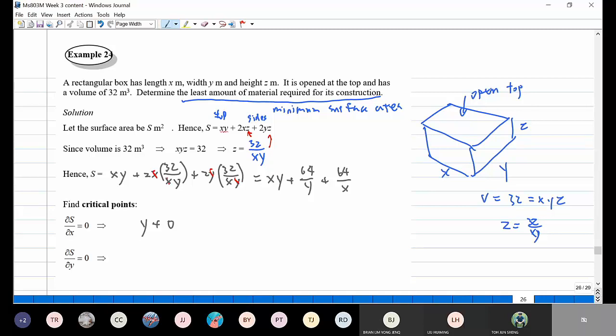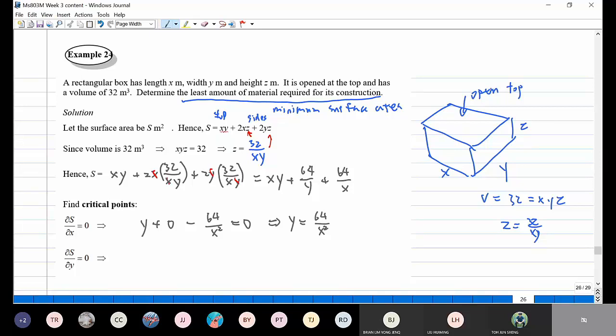Differentiating 64 over x, you get minus 64 over x squared. So this gives you the equation y equal to 64 over x squared.